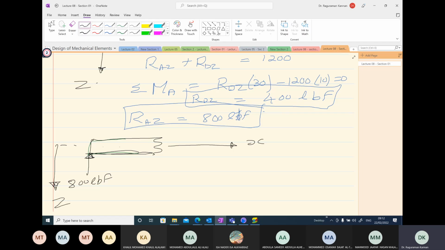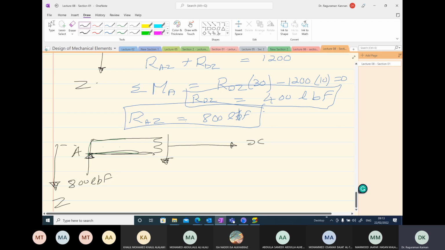Why is it a clockwise rotation? Here too, it will come out in the clockwise direction.